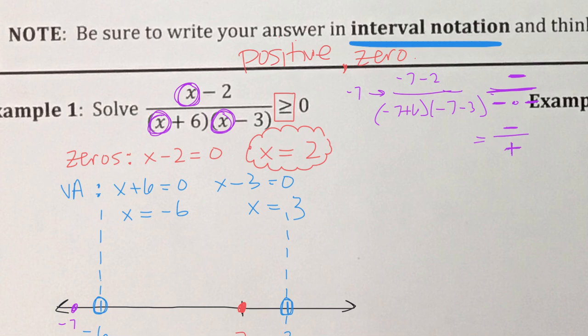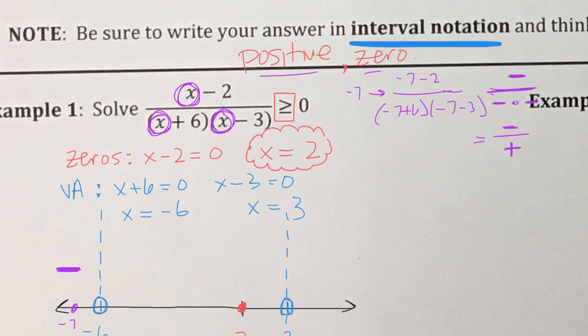So our denominator is going to be a positive value. Our numerator is going to be a negative value, which means our fraction is going to be negative. So everything to the left of -6 will give me a negative value. I am picking one number and I am trying to see whether it's positive or negative. It's negative, which means it's not part of our answer because we want positive or 0.